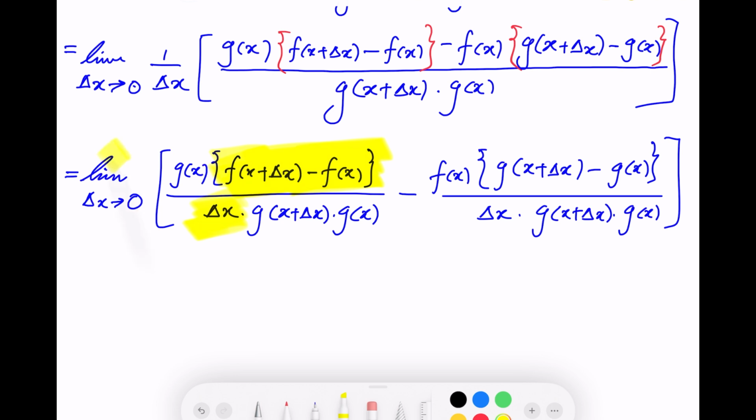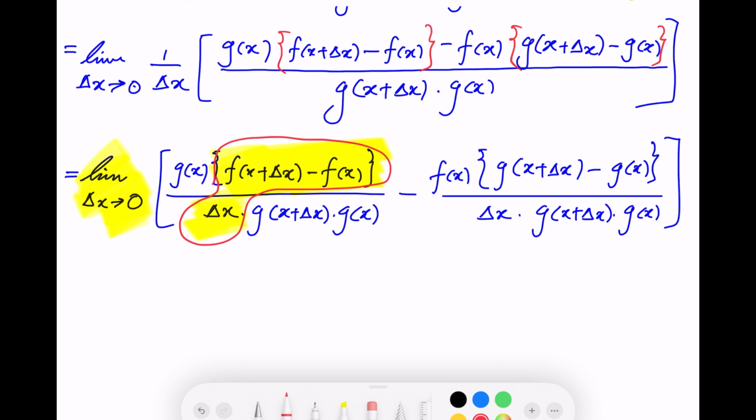We know that delta x approaches 0. When that happens, what can you say about that highlighted part? As delta x approaches 0, f of x plus delta x minus f of x divided by delta x is the first derivative of f of x according to the definition of the first principles.